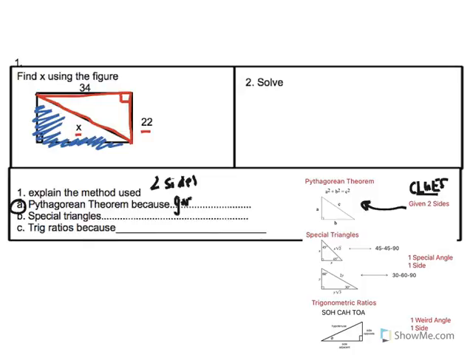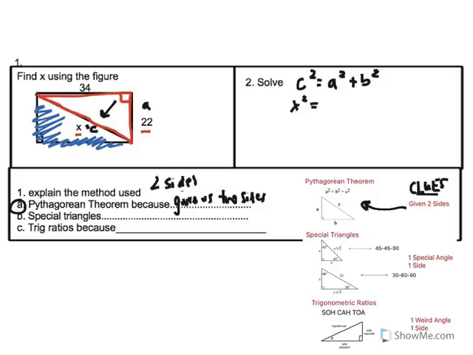Now we see that the problem gives us two sides. If we look at our clues over here, we can see that when we are given two sides, we should use the Pythagorean theorem to solve the triangle. So we're going to use the Pythagorean theorem because the problem gives us two sides.